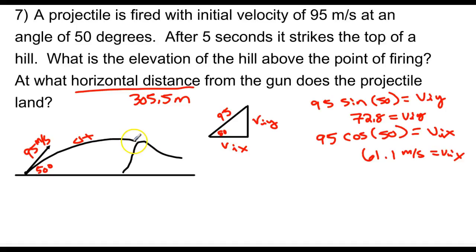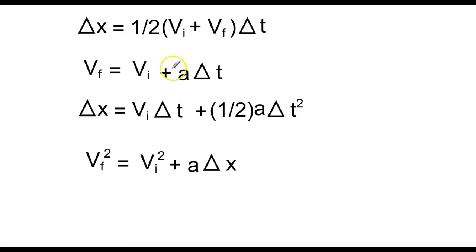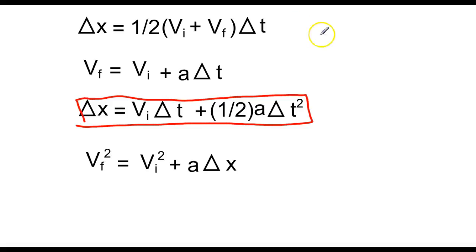Now the next thing is, how high does it go? What is our delta y right here? Looking at this equation, we've got everything we need. So delta y, that's unknown, is equal to your initial y velocity. The initial y velocity was 72.8 times delta t of 5 seconds plus 1/2 times -10 times 5 squared.